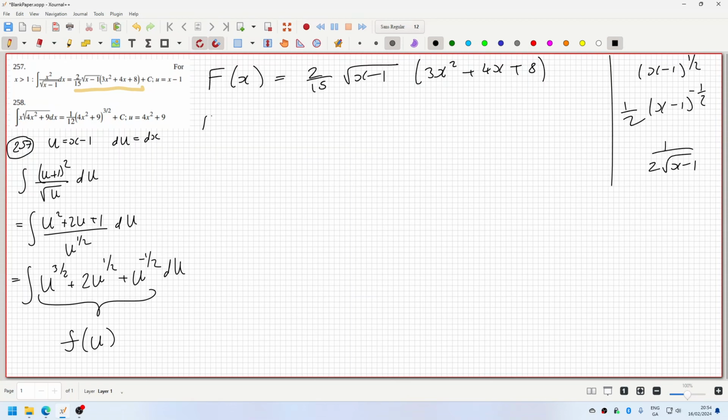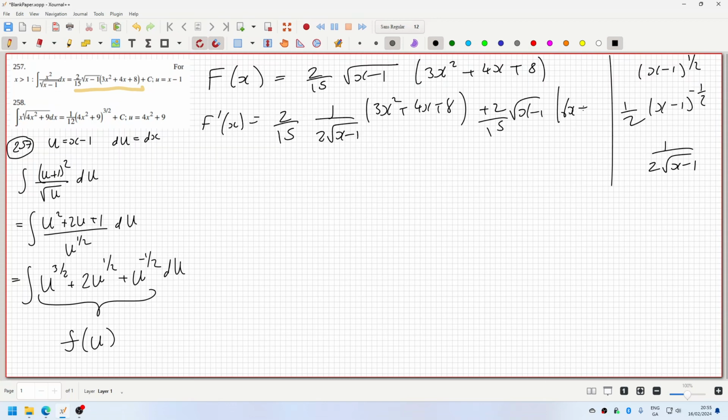So the derivative here will be 2 over 15, 1 over 2 root x minus 1, 3x squared plus 4x plus 8, plus 2 over 15 root x minus 1 times 6x plus 4. So if I multiply by root x minus 1 above and below, that gets rid of the root there.